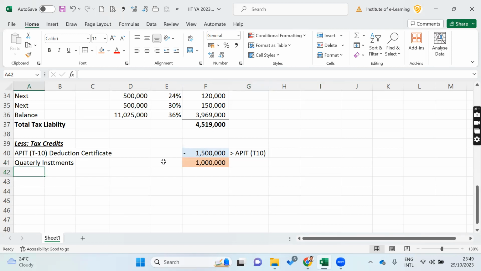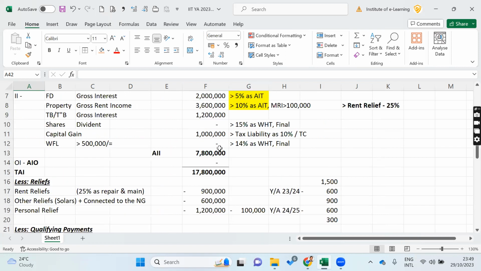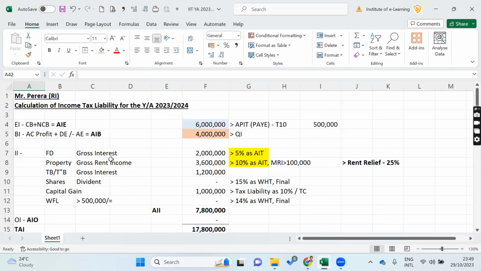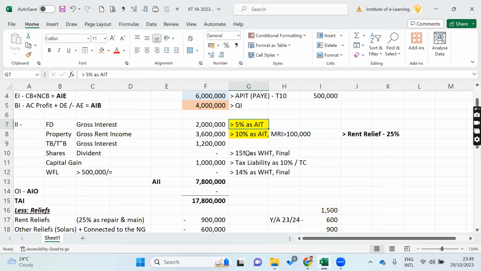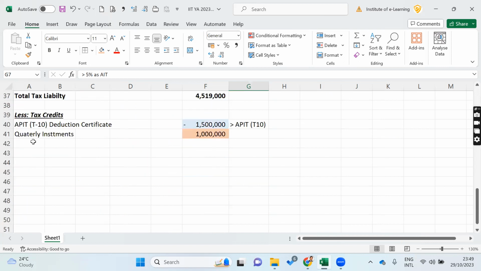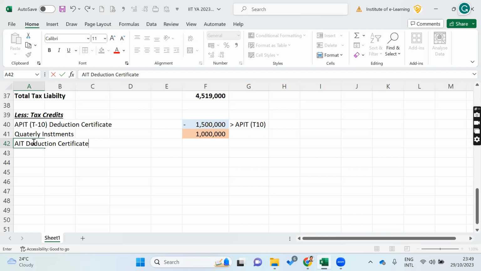Then the next credit is what? On investment income. If you have interest income, right? Then all the banks will deduct 5% as advance income tax, right? You will have advance income tax deduction certificate from the bank, then they will deduct 5%.